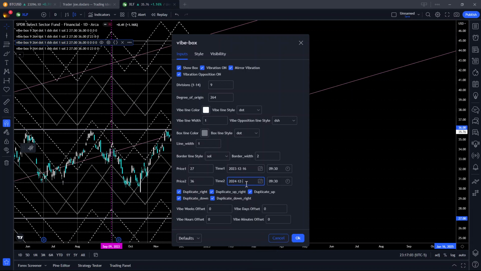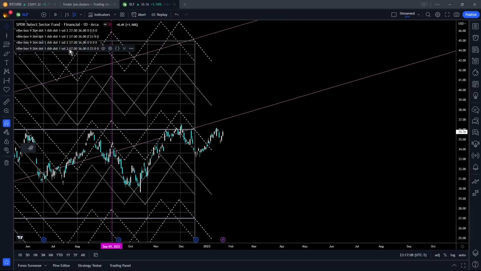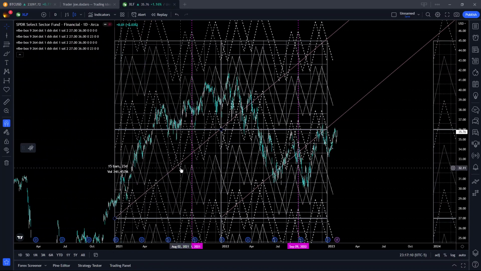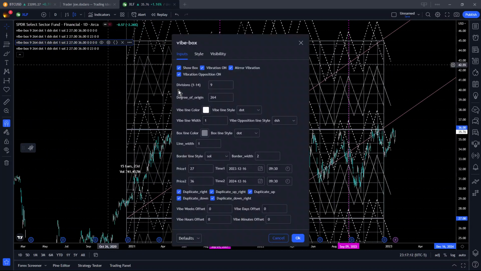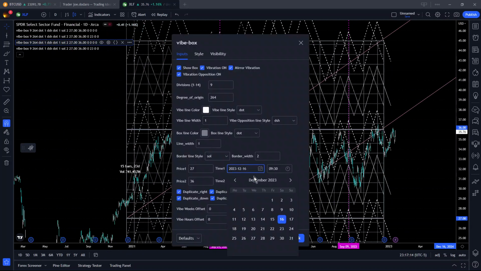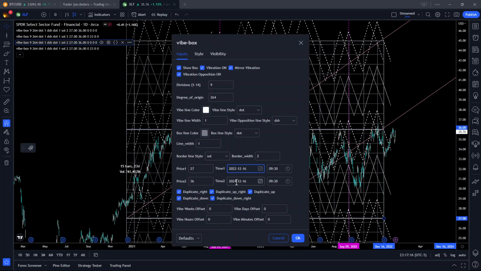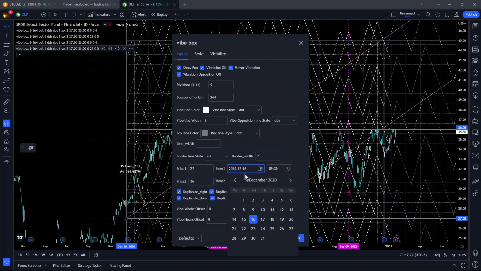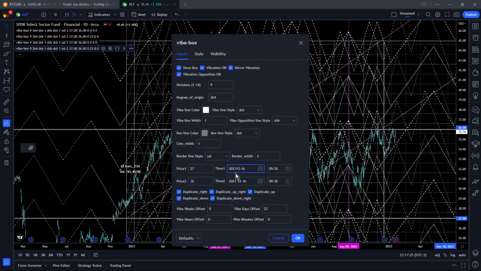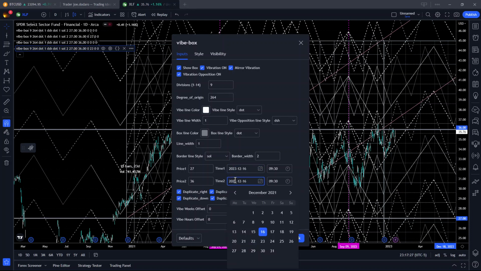2024, 12, 16. And that should give us boxes. Oh, maybe not. Oh, yeah. What am I doing? Sorry. 2022 to 2023. There we go. 2022, 2023.